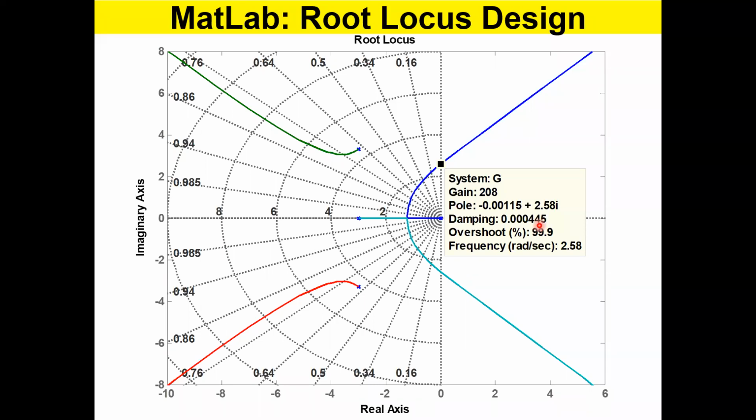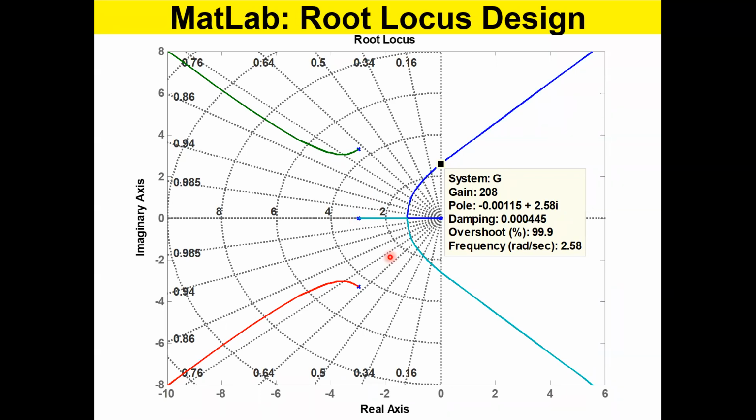So if you want to calculate your gain for any other point, just take the point from the screen, it can be anywhere, and put it into that equation and calculate the gain which will bring the pole to that point.